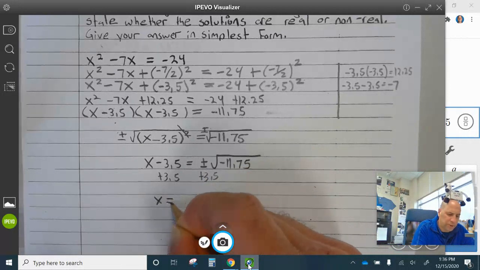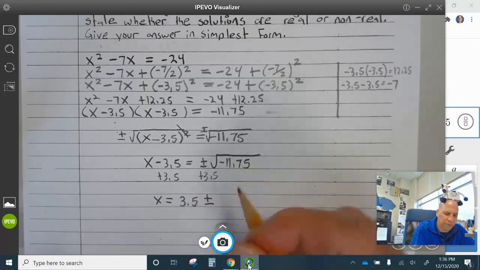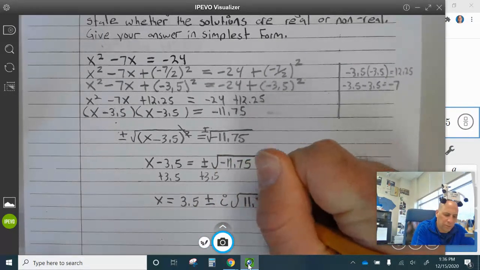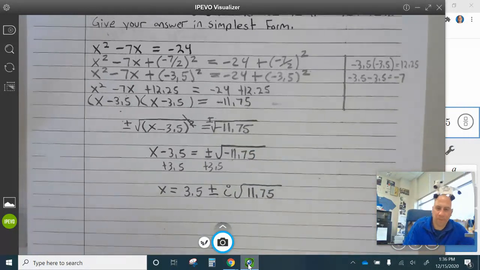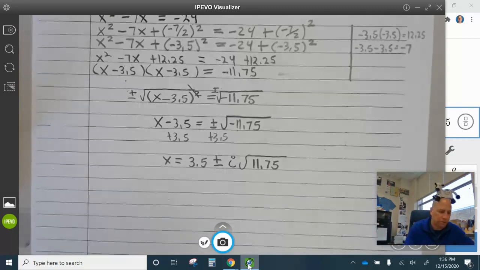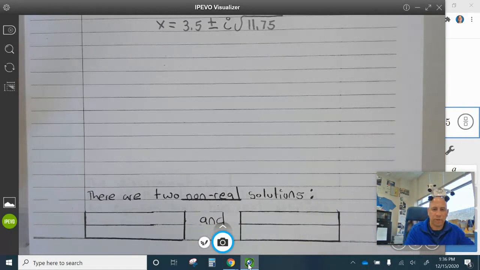So X equals 3.5 plus or minus the square root of a negative number, which is i. So i square root of 11.75. All right, so there are two non-real solutions.